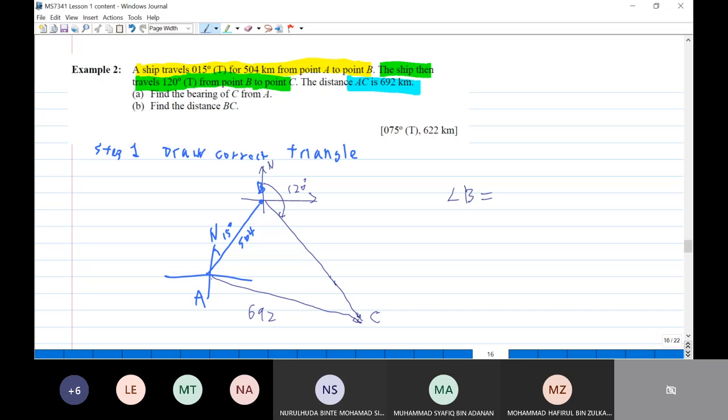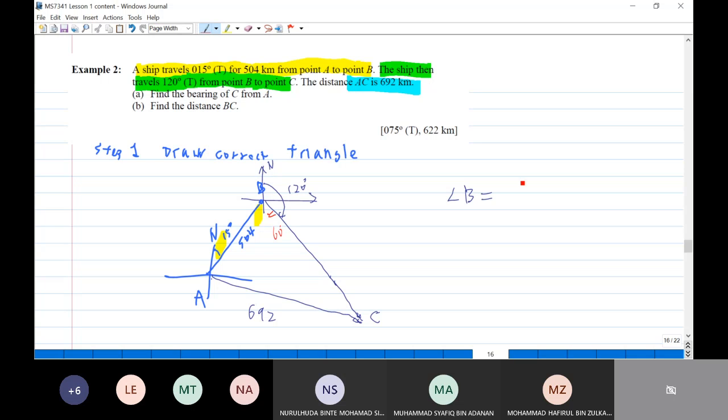So first thing is angle B. This part is 15, so this part is also 15, right? So 15 here, and then how about this one? You know one whole straight line is 180 degrees. So subtract 120, you get 60.